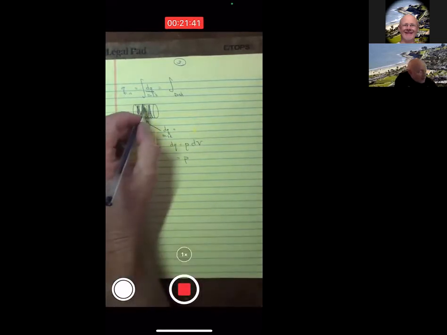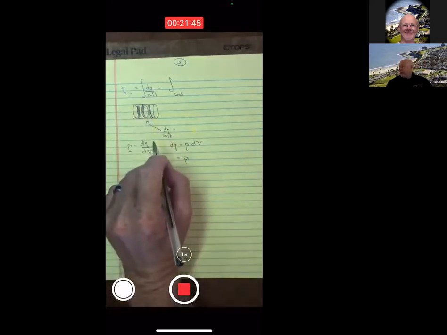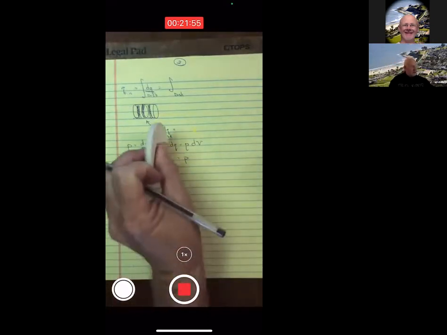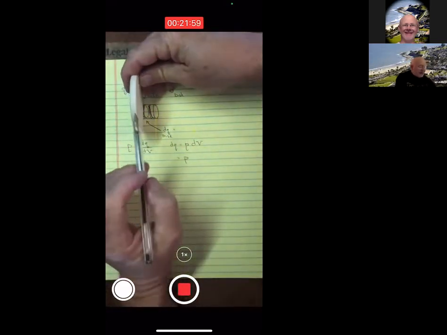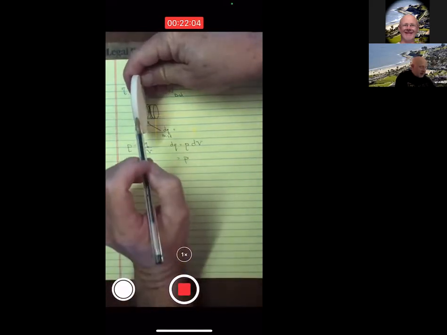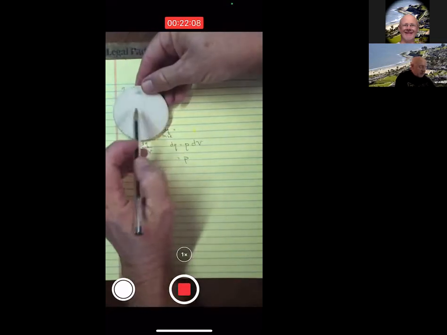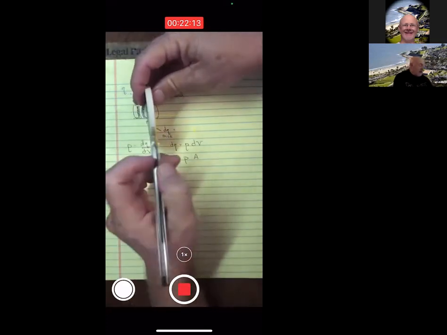Now, the volume of a disk, and so imagine this little cut here. I used to have a dime, but I got rid of it here. But, all right, so maybe I'll use this again. This will be the equivalent of my disk. I got to get the equation for the density, and that's given in the problem. So let's talk about that in a moment. But it's the volume of this disk. And the volume of this disk would be this surface area, so I'll say area A, and then this thickness.